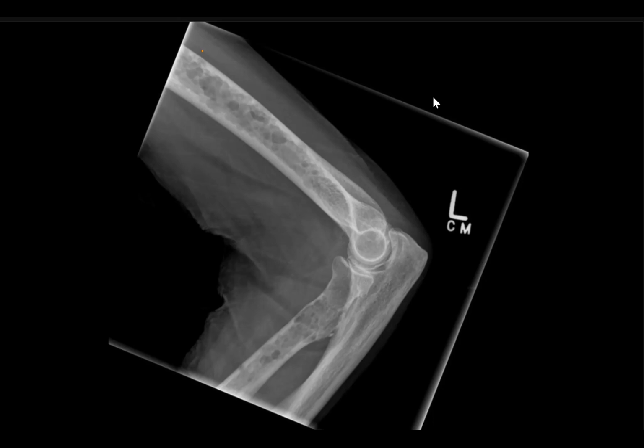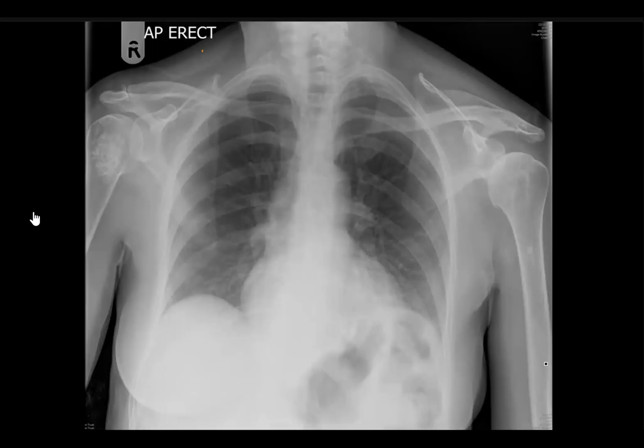If you are suspecting multiple myeloma, what is the next step? MRI or low-dose whole body CT. Yes, both correct. And of course, full CBC, and serum and urine electrophoresis. Very good.